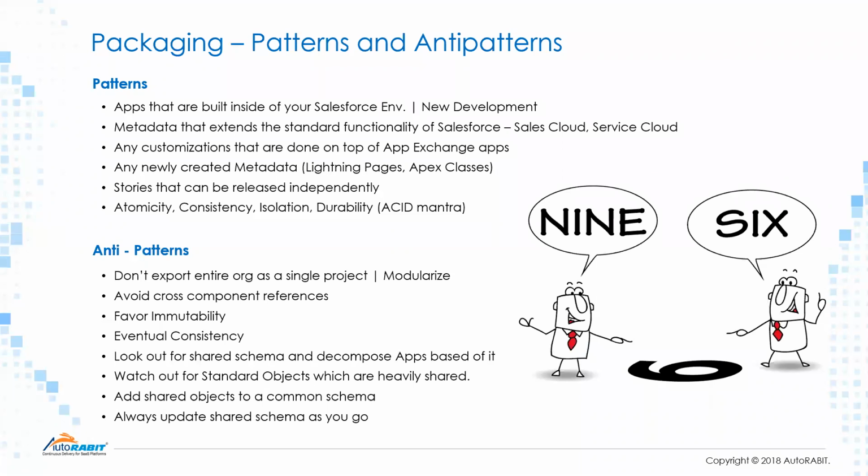So how do you identify this base package, and how do you consistently evolve this base package so that you're moving to a place where this base package can be inserted into a scratch org, and the developer can work on top of this base package in order to create a new package, which will essentially form the version 2.0 or 3.0 of an application.